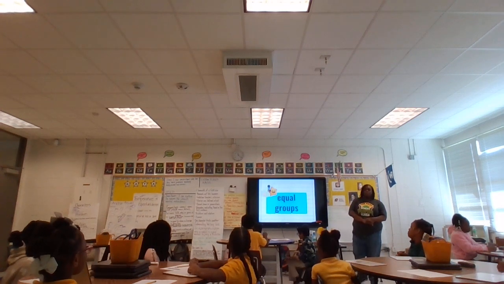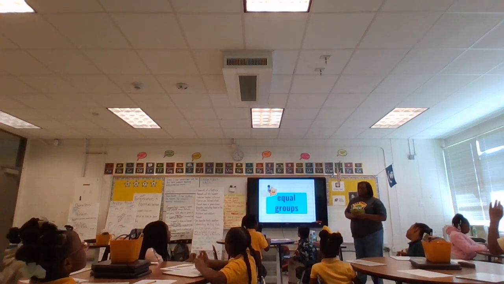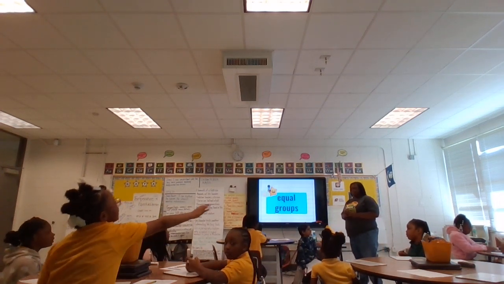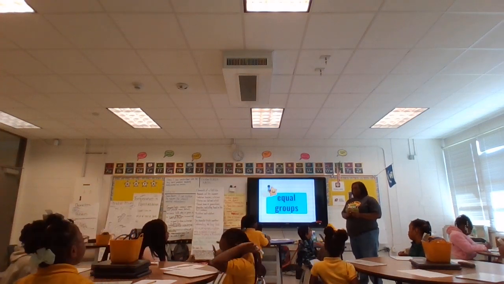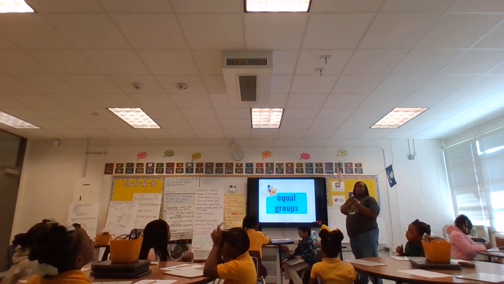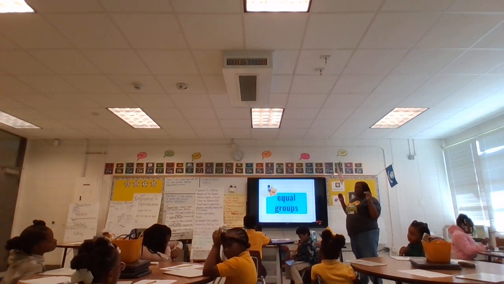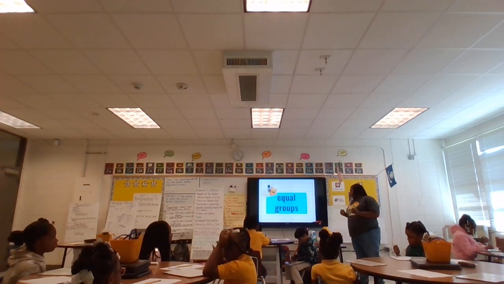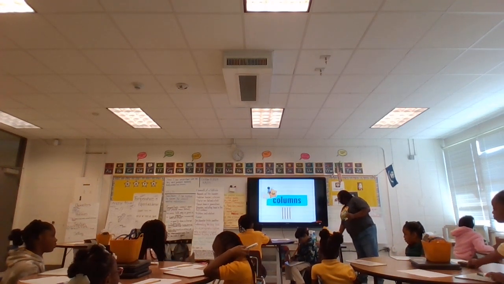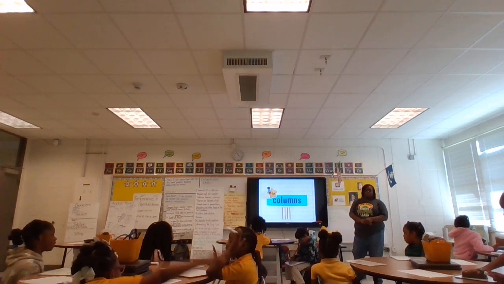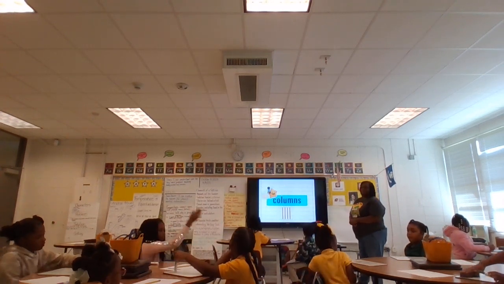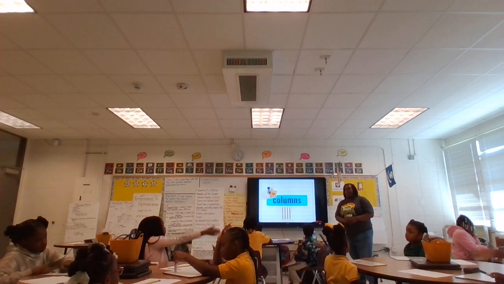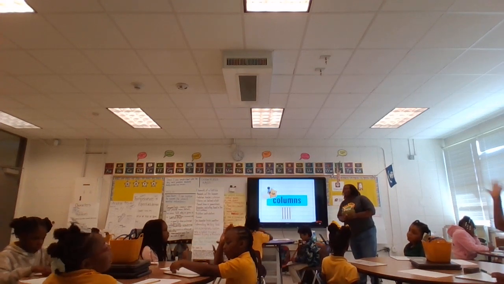What are equal groups? They have to be equal. Right. Equal groups mean all groups have the same what? Amount. Columns go this way, up and down. Vertical. They go up and down. Vertical. Right.